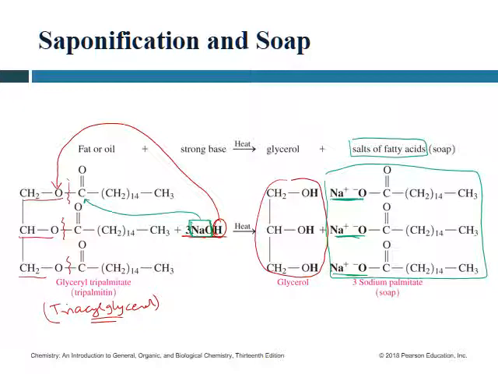So this is sodium fatty acid salt, and the fatty acid is palmitic acid. So this is a soap. The formation of soap we call saponification. When you add triacylglycerol in the presence of a strong base, you always make a soap, which is a salt of fatty acid.